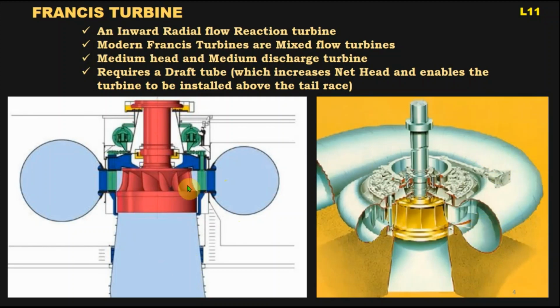And this is the runner with vanes, and outside the runner and inside the casing we have stationary guide vanes and additional stay vanes. Here the runner shaft is vertical and the runner is in the horizontal plane. And this is the draft tube to discharge water coming out of the turbine outlet to the tail race.